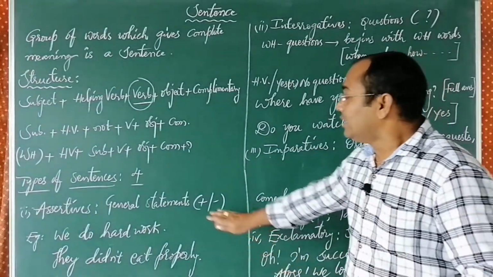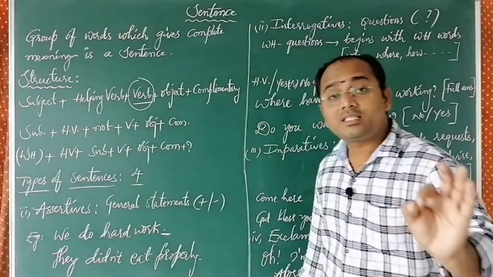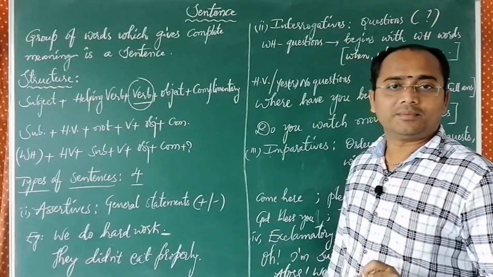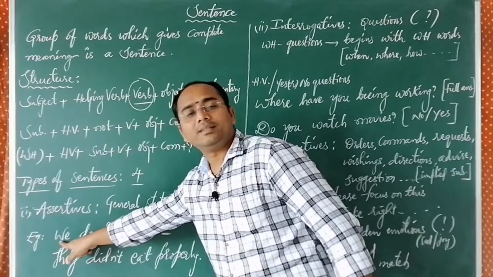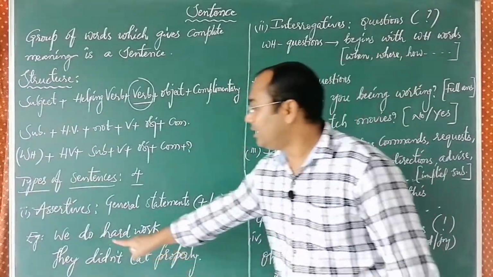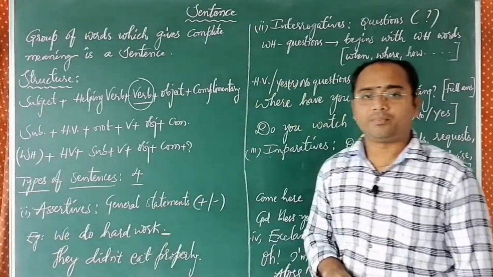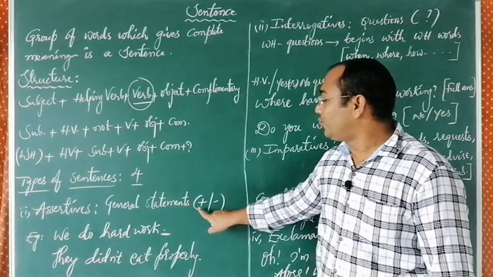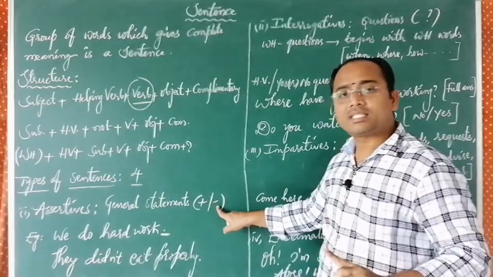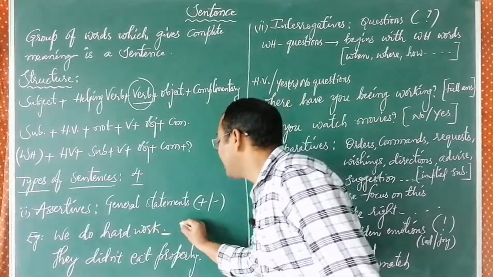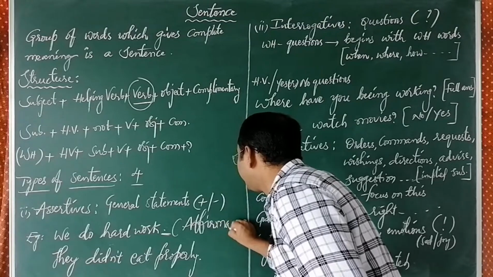Generally, these general statements begin with a capital letter and end with a full stop, and they are in two forms. One is the positive sentence, the second one is the negative sentence. And of course, a positive sentence is considered an affirmative sentence.